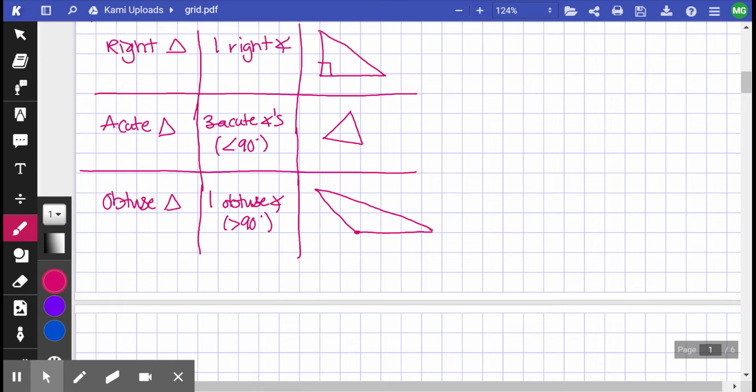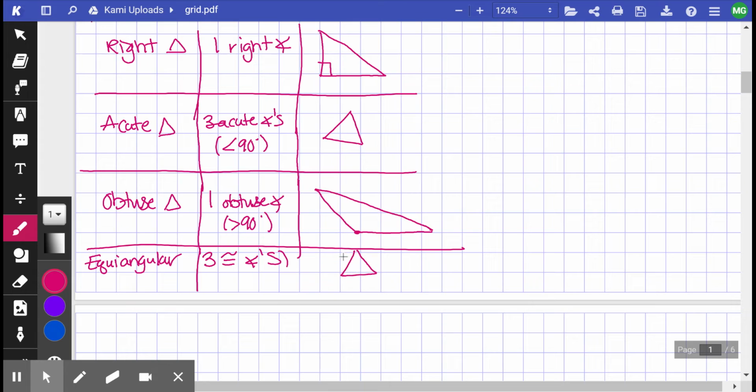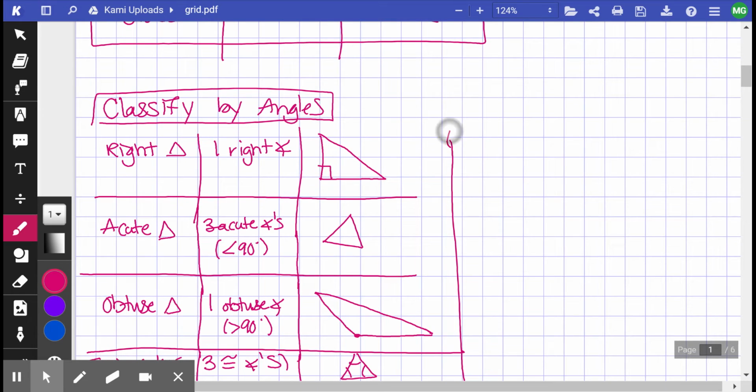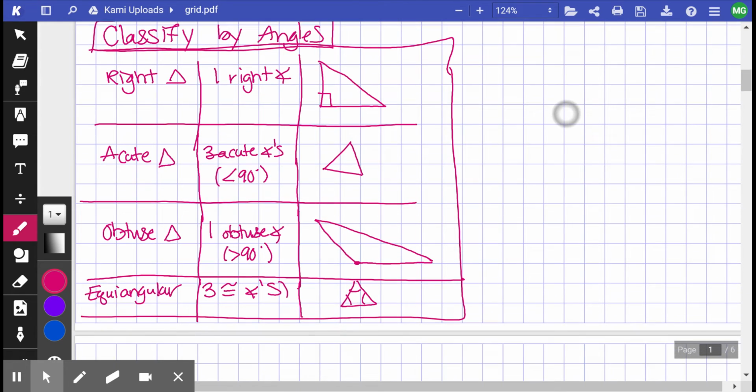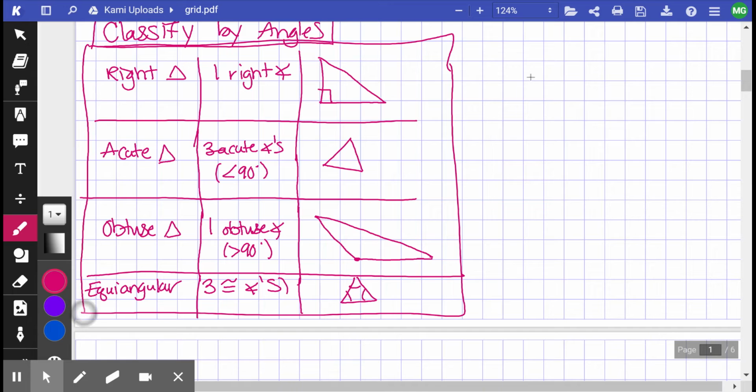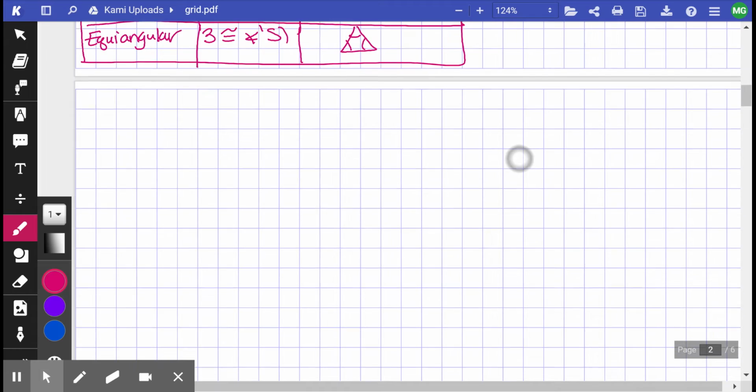And the last option is if we have an equiangular triangle, which just means that all three angles are congruent or equal. Your equilateral triangle would also be your equiangular triangle. So it'll have three congruent sides and three congruent angles.